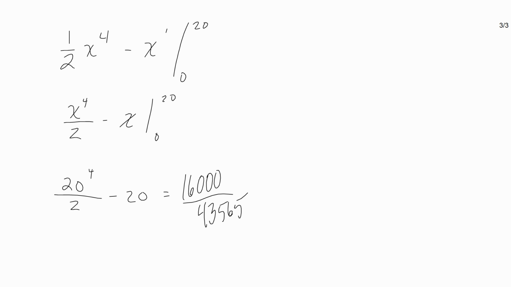Who set me up for 16,000? 43,560. How many pages? Anyway, what's 20? What do you come up with? 160,000. Now we've gone to 160,000. I don't trust any of y'all, okay? There's the answer right there. All right, and that's the area under that curve.